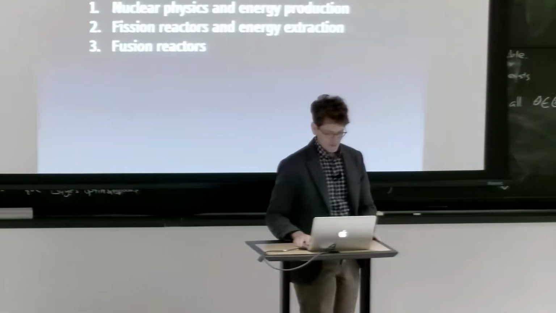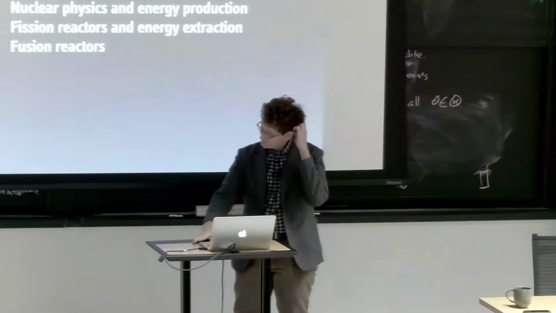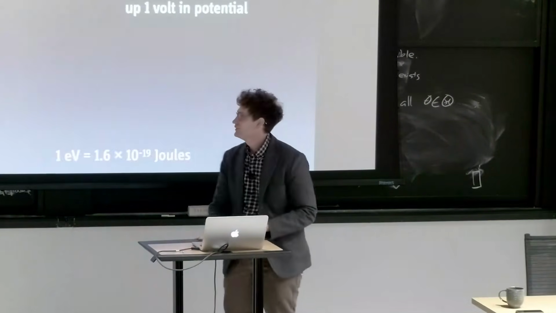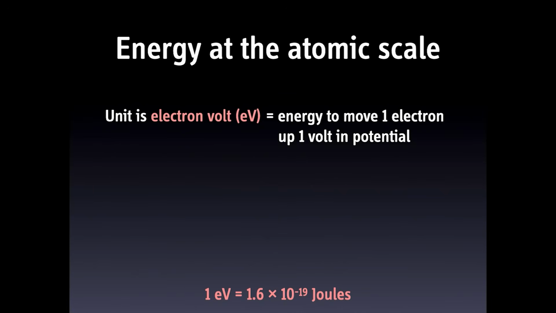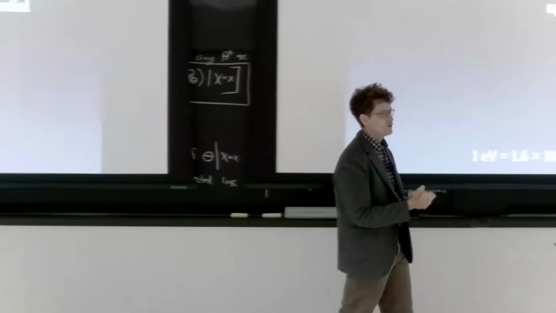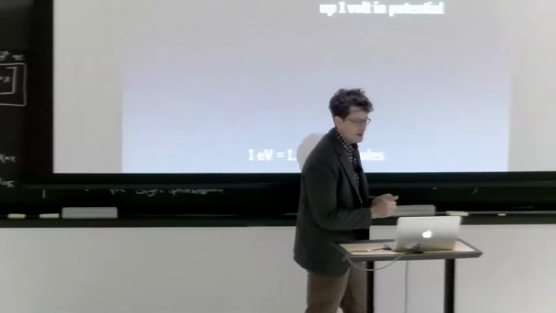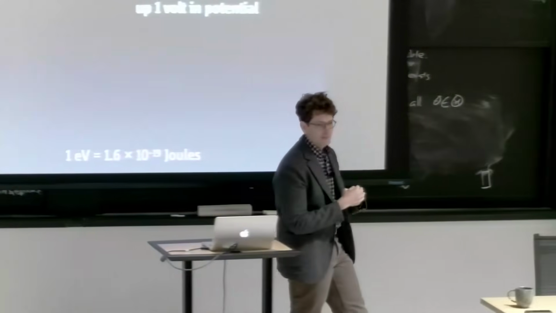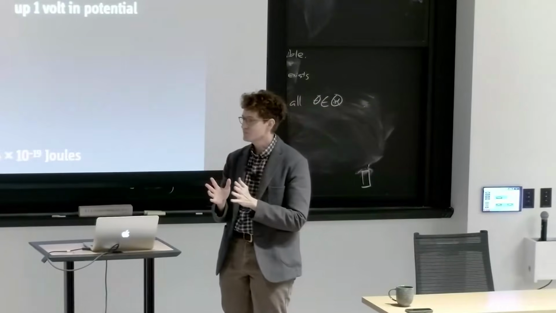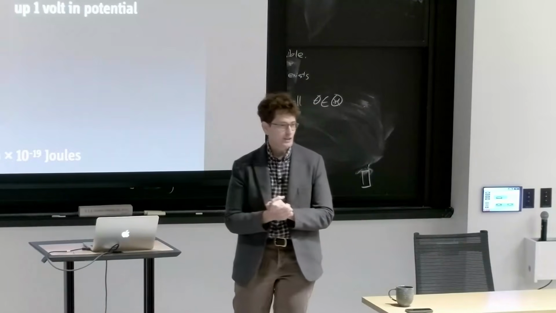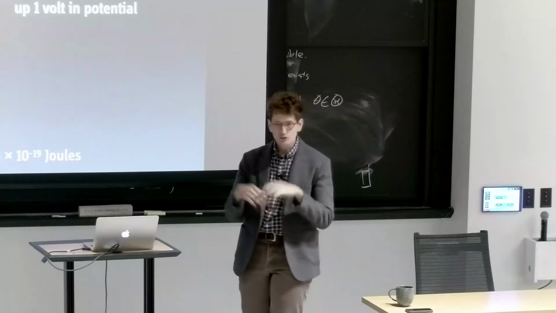Okay. So let's look at energy at the atomic scale. Energy is this measure of motive power that you can use to do things. If you took physics, you know of the unit of joule. But when we work at the scale of atoms, we prefer a different unit because the joule is just way too big.